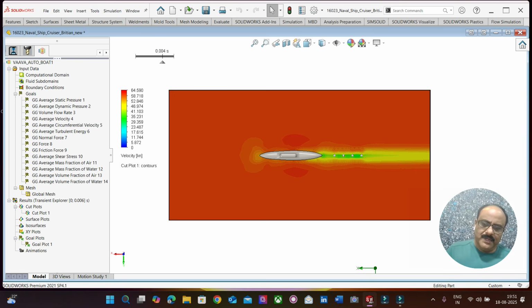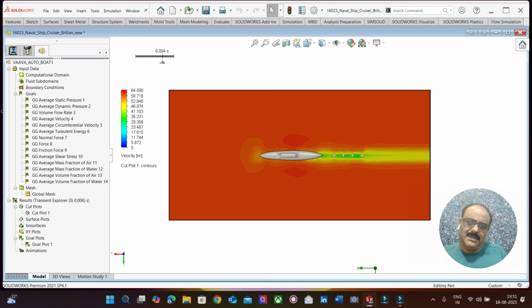A very normal system with 8 GB RAM or something like that will take about 8 to 9 hours, and a 16 GB RAM machine with 12 cores will run the simulation in 3 to 4 hours.